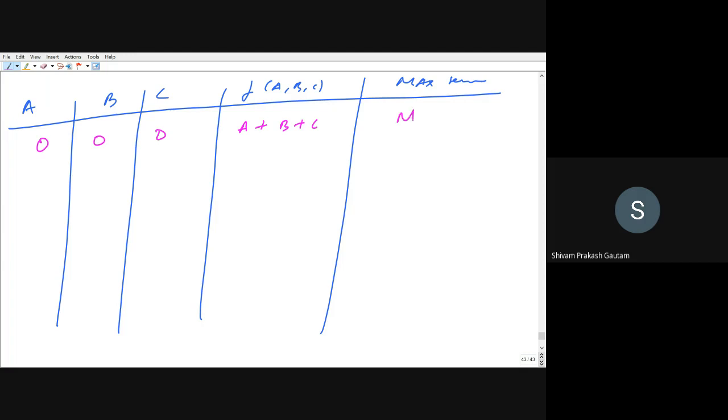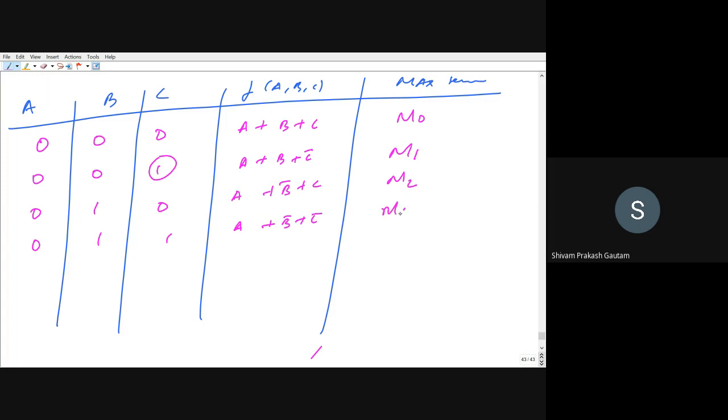This is max term 0. 0 0 1 is a plus b plus c bar, c bar because we are having value as 1. This is max term 1. Then 0 1 0, sorry for this. So this can be represented by a plus b bar plus c. This is max term number 2. 0 1 1 is a plus b bar plus c bar, max term number 3. So similarly 1 0 0, 1 0 1, 1 1 0, 1 1 1.